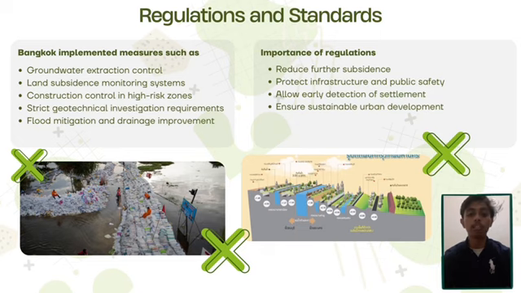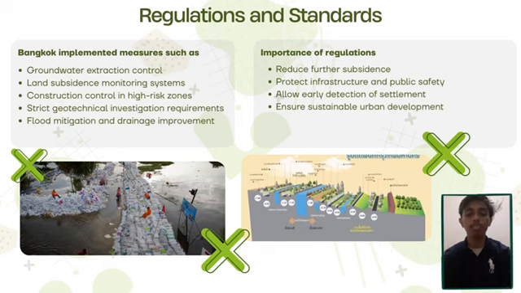The government also introduced land monitoring systems and stricter geotechnical investigation requirements before construction projects can proceed. In high-risk zones, construction activities are more closely monitored to reduce settlement risk and infrastructure damage.